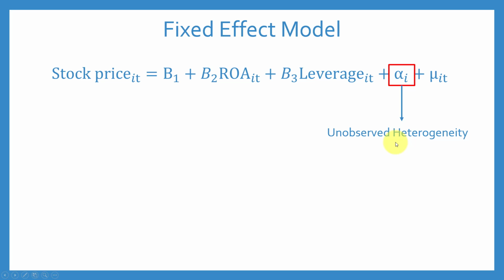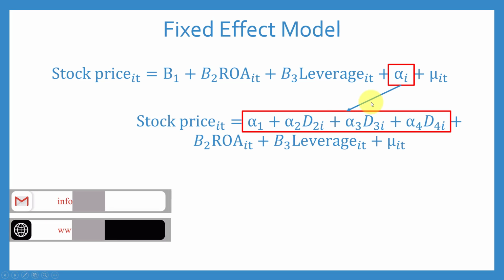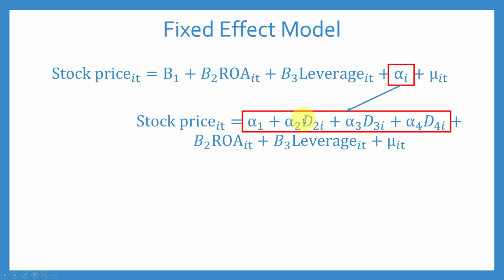What we do is we create a dummy variable for each firm, right? And hence when we include that explicitly into our model, a variable that is explicitly included into our model, then that is excluded from the random error term, right? So what we have done is we have taken these dummy variables, one for each firm.